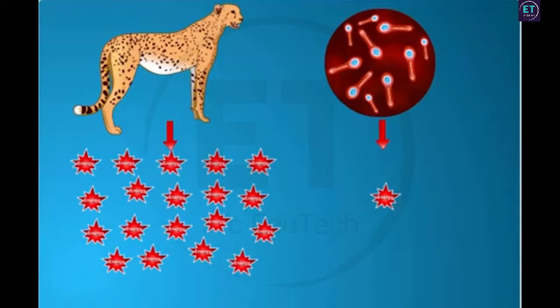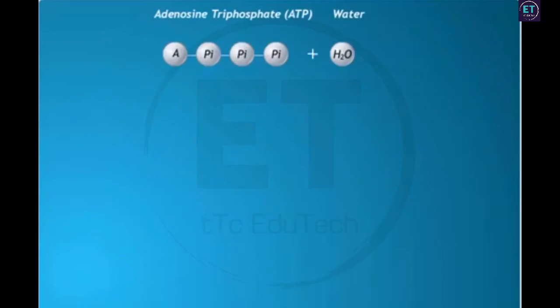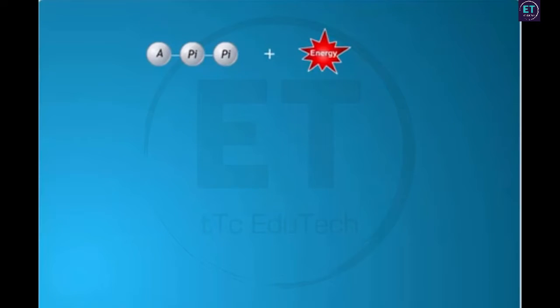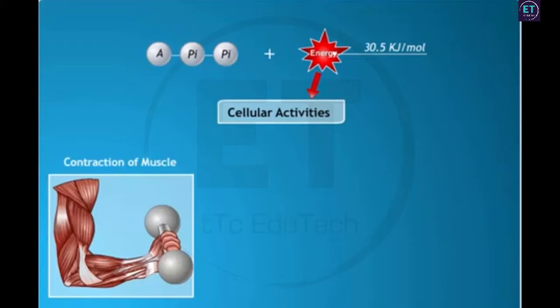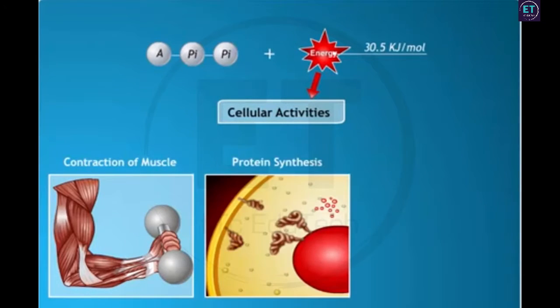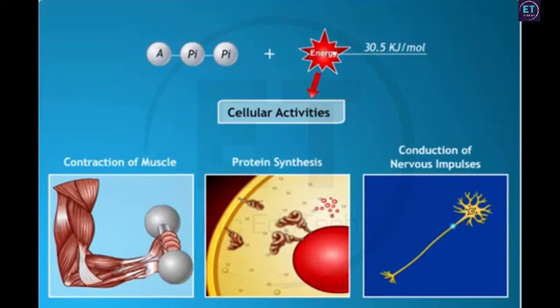The energy released in the aerobic process is 19 times greater than in the anaerobic process. When the terminal phosphate linkage in ATP is broken using water, energy equivalent to 30.5 kilojoules per mole is released. The energy from ATP is used for cellular activities such as the contraction of muscles, protein synthesis, and conduction of nervous impulses.